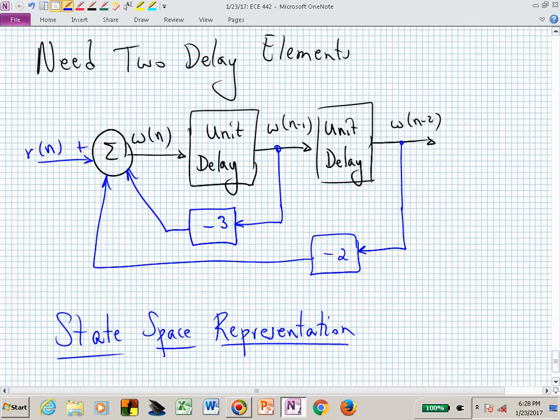So we have a state 1, x sub 1, and a second state, x sub 2, and it's somewhat arbitrary how we pick those. Let's just call this x sub 1 of n. That's the output of one of our unit delay blocks. And let's call the other one x sub 2 of n. That's the other output of our delay block.